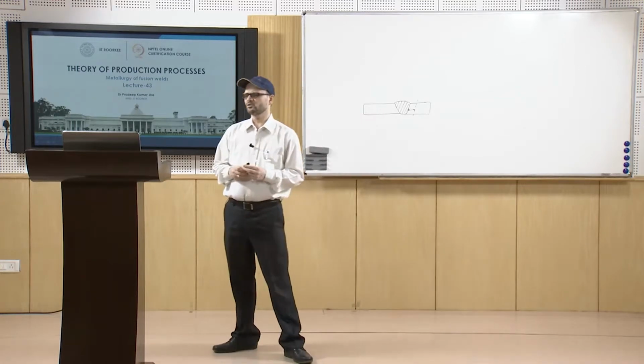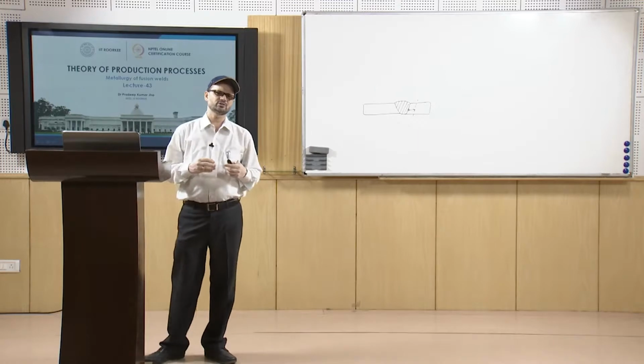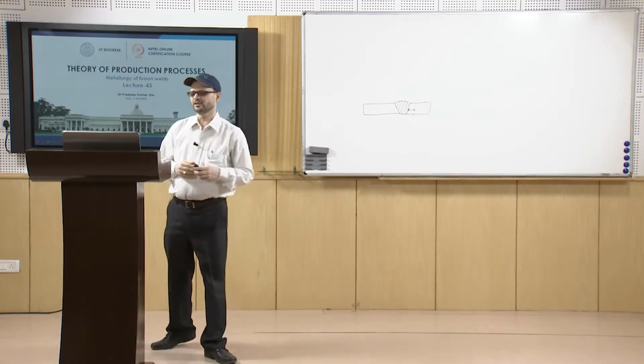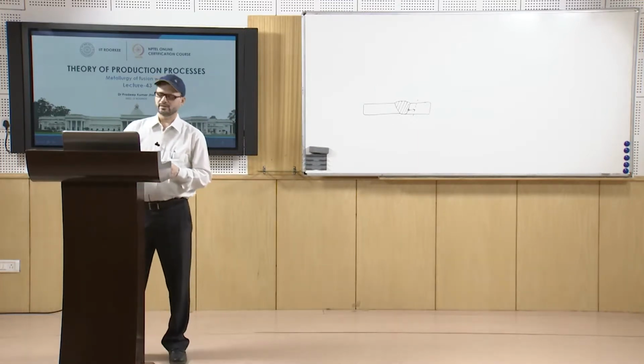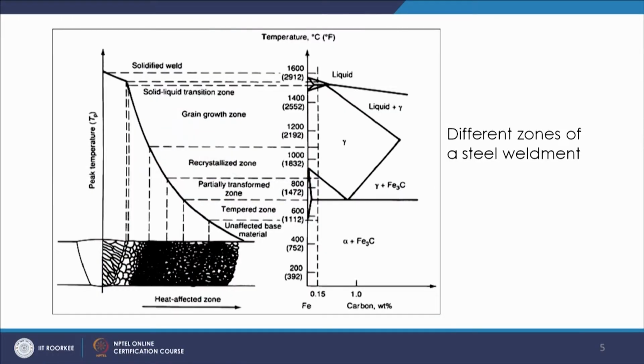If we try to see the different microstructures and how they change, we can refer to this figure. This figure talks about the different zones of a steel weldment, for a low carbon steel weld.